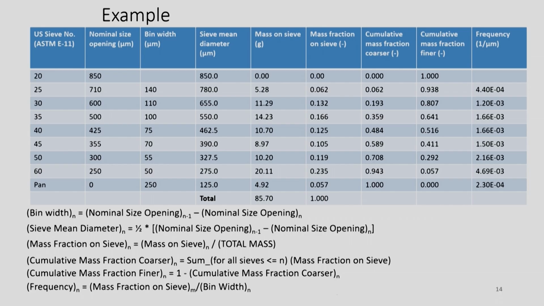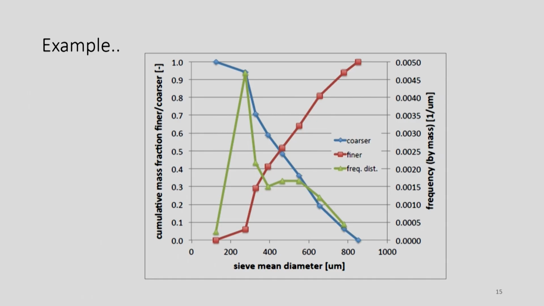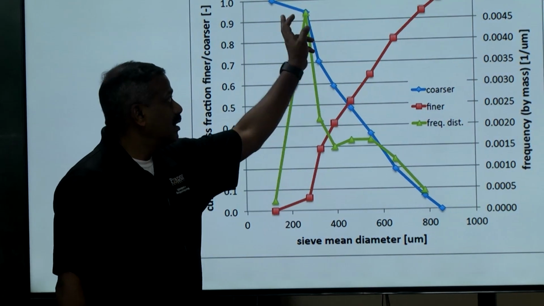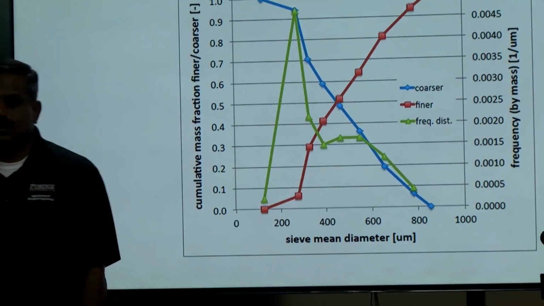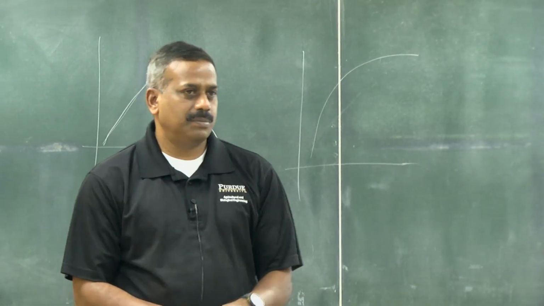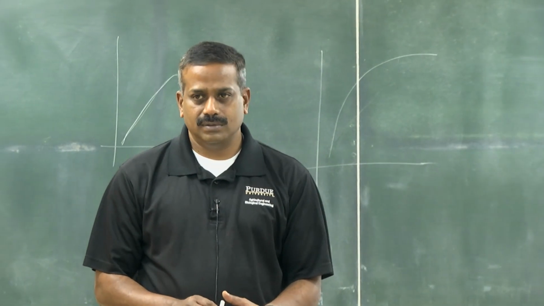You can calculate the bin width, mean diameter, mass fraction on each sieve, and the cumulative mass fraction coarser and finer, or undersized and oversized, okay? And then you can plot all of them together, okay? So this gives the frequency distribution, and this is the finer, and this is the coarser curve for that specific example or specific distribution of the powders, okay?